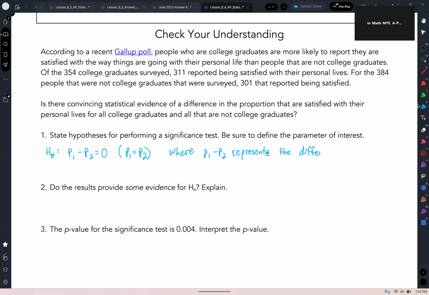The difference in the true proportions of satisfaction with personal lives for college graduates minus not college grads.